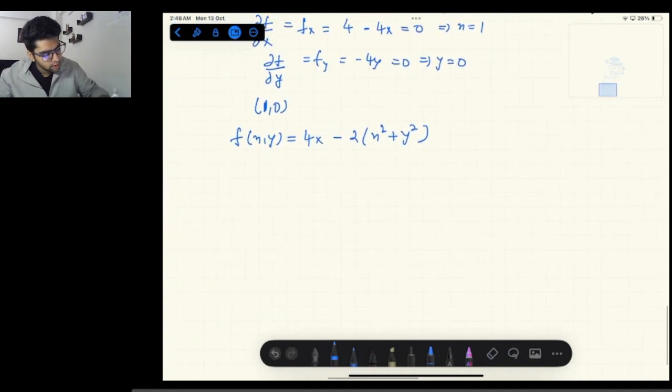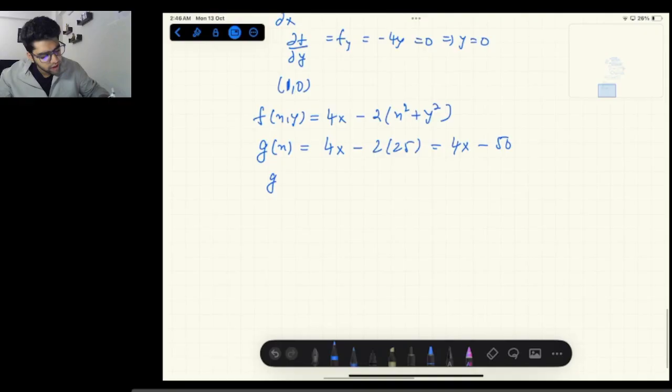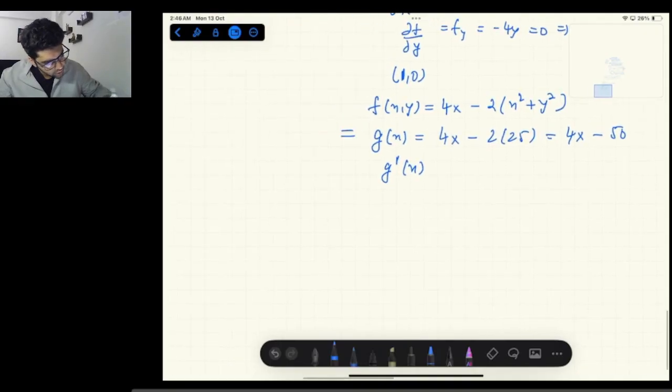So f(x, y) just becomes g(x) = 4x - 2 × 25 = 4x - 50.